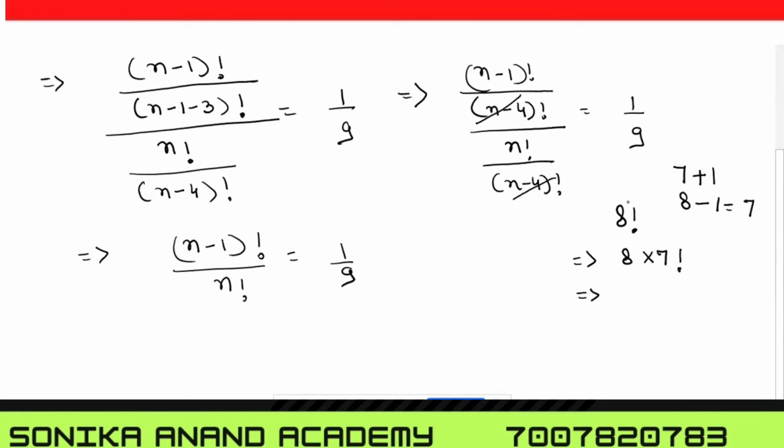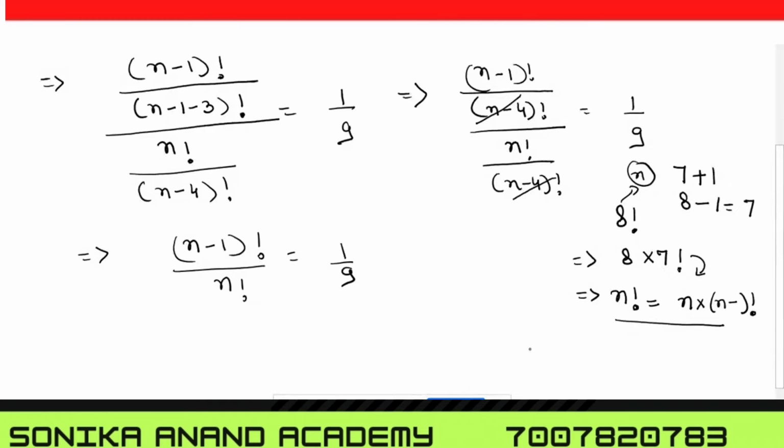So if I take 8 as n, it turns into the formula n factorial is equal to n into n minus 1 factorial. Do you understand or not?